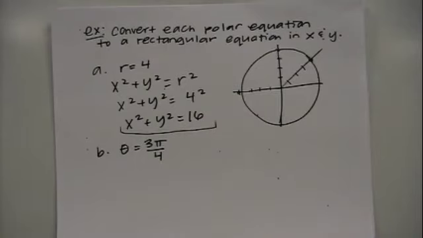For the next one, it says that theta equals 3 pi over 4. So I actually want to get a little creative on this. We're going to take the tangent of both sides.